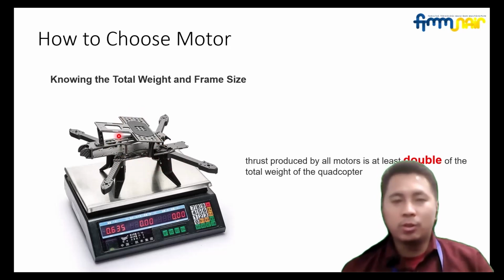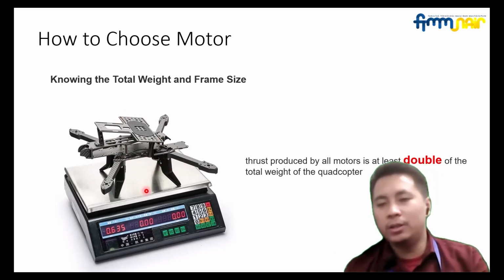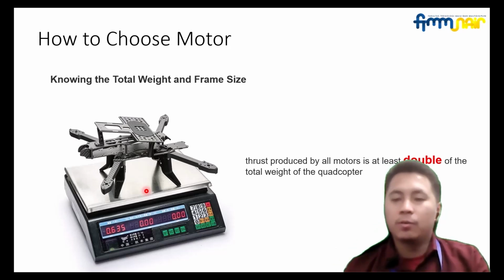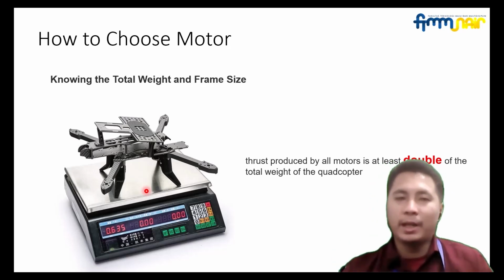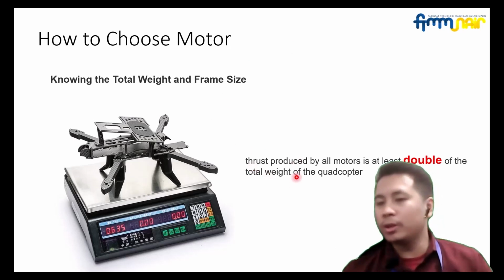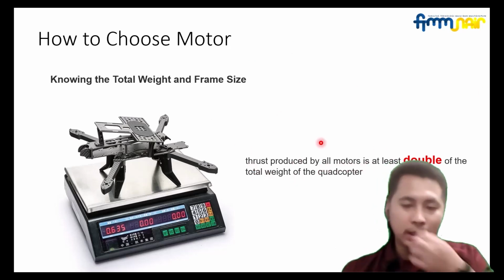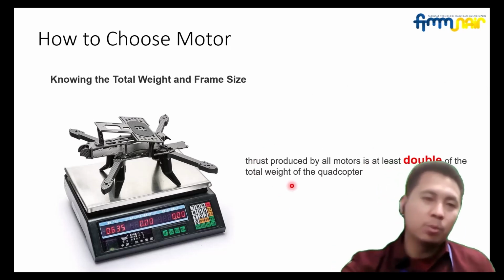You have to put that on the scale and write down the weight, which is very useful information to decide the motor or the battery. The thrust produced by all motors should be at least double the total weight of the quadcopter. That is the key when you are building a multicopter.